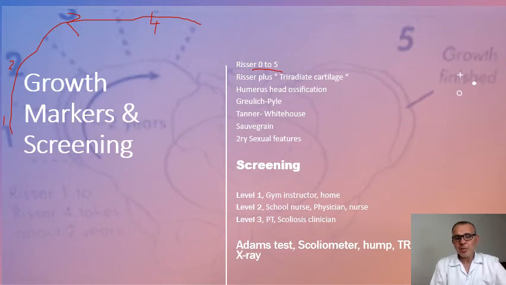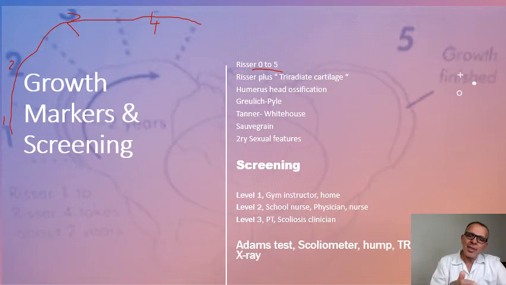That's Risser 0 to 5, which was a little different between the European and USA scale. Then we have Risser plus, where we add the triradiate cartilage to the Risser scale. If it's closed, it's Risser plus, meaning no more growth will happen in this particular individual.